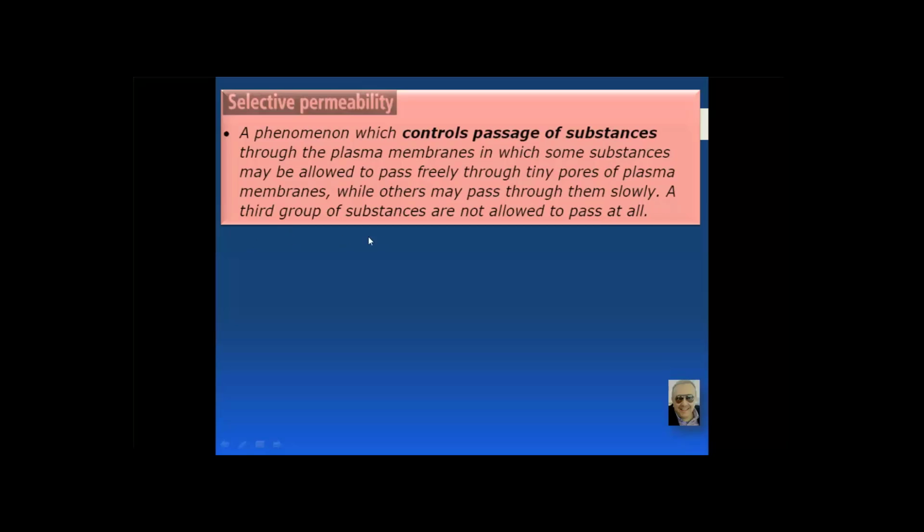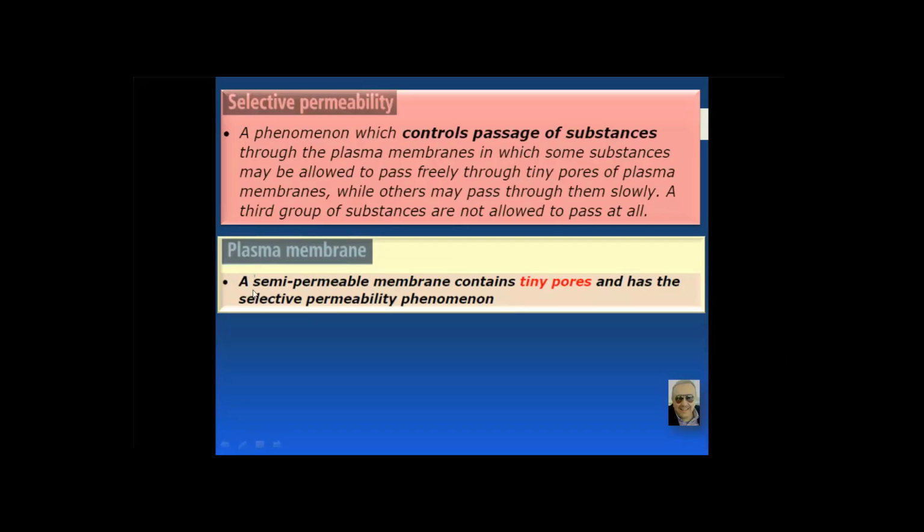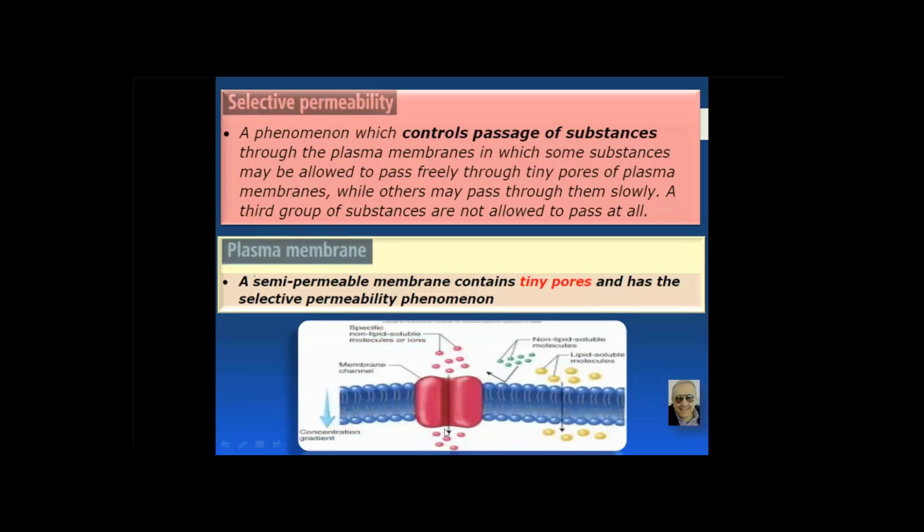A third group of substances are not allowed to pass at all. The plasma membrane, a semi-permeable membrane, contains tiny pores and has a selective permeability phenomenon. As we see in the plasma membrane, it permits or regulates the passage of substances from outside of the cell to inside of it and vice versa.